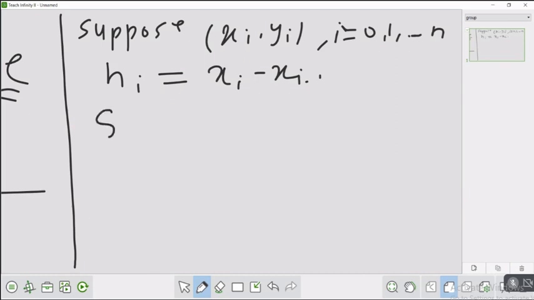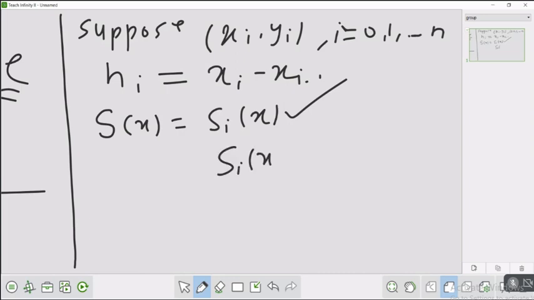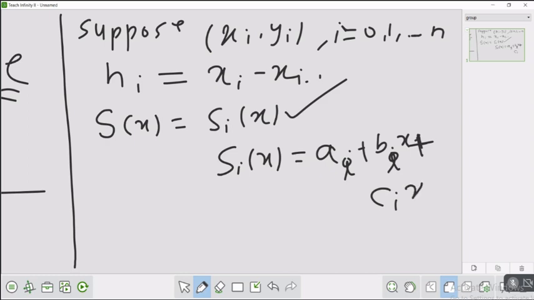Suppose we have our spline S(x) to be Si(x), meaning the collection of all quadratic polynomials to be fitted. Now we have to compute Si(x) for all i, meaning all the components are to be computed. One thing to notice is that all Si(x) are quadratic polynomials, so they look like ai plus bi x plus ci x squared.